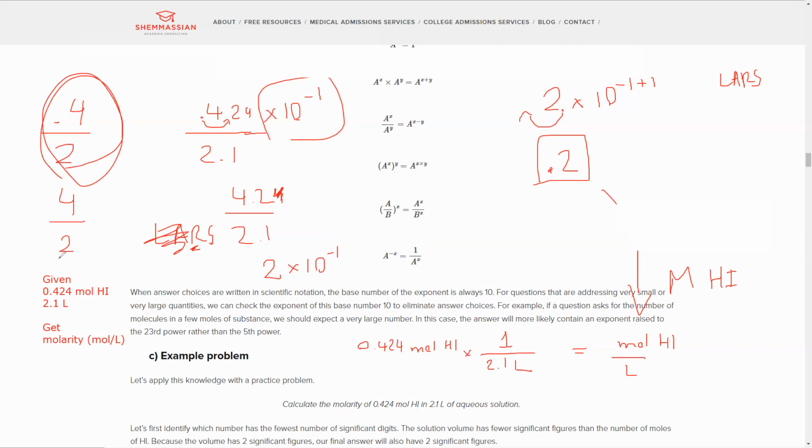It's just way easier to just do 4 over 2. And it might feel like, why would I do all this times 10 to the stuff? What's the point of all this? It is very, very helpful when you're not just doing this, but you're multiplying by other factors, right? Sometimes you have a conversion chain that is extremely lengthy.